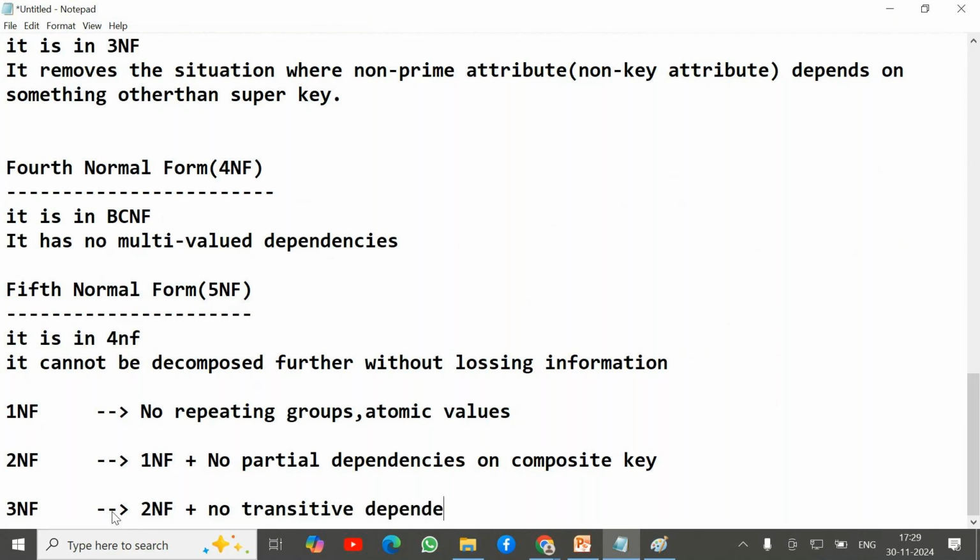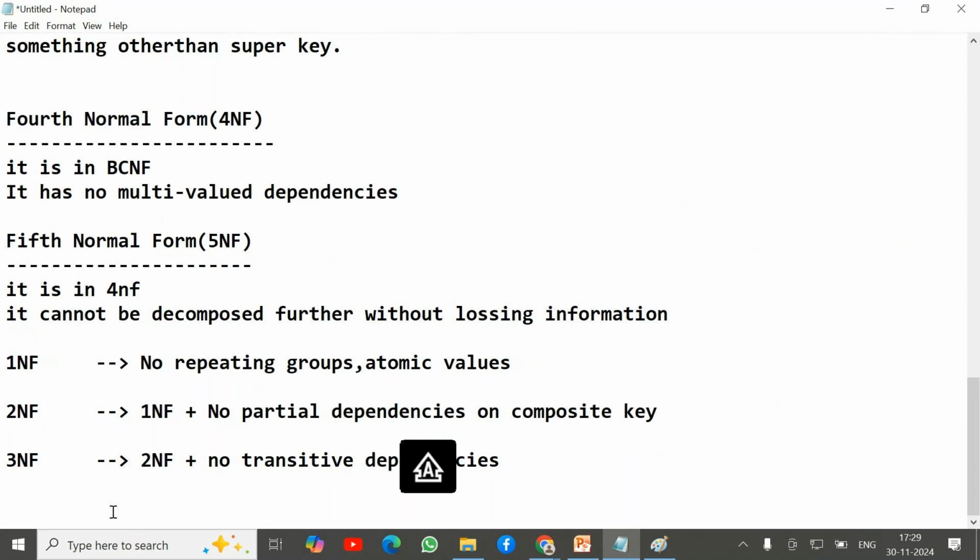BCNF: 3NF plus every determinant is a super key.